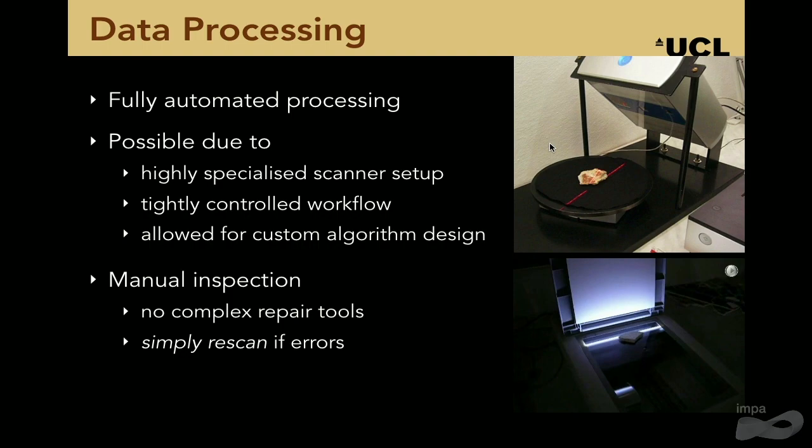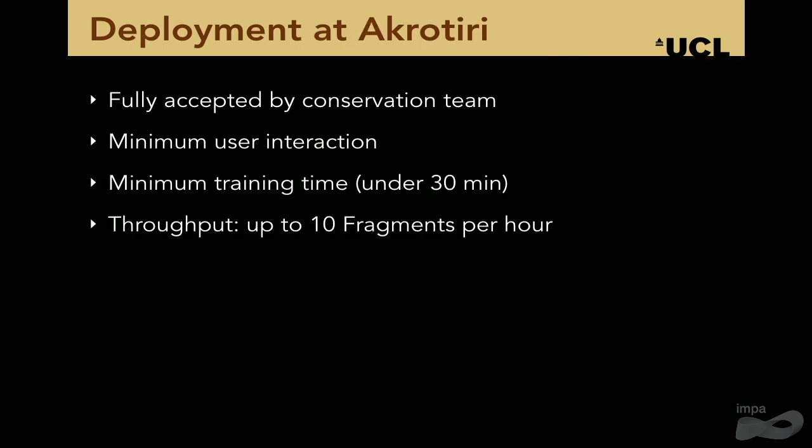And we decided, instead of providing a complex user interface to fix these things, if it's only 2%, the right answer is do it again. And that was, in terms of technical workflow, something that would also fit much better into the day-to-day operations. So it had a high usability.